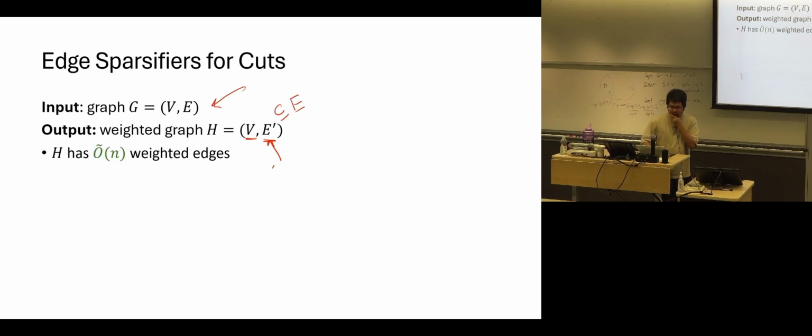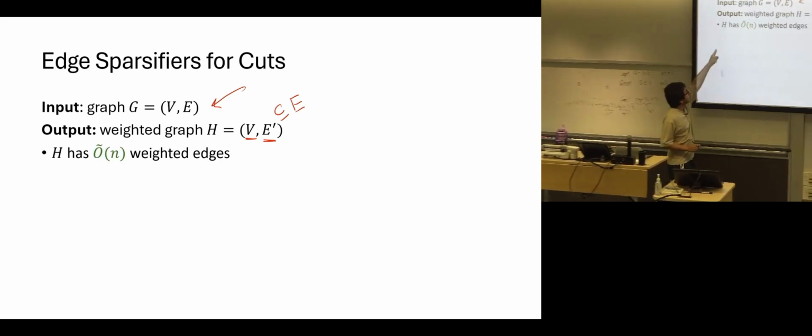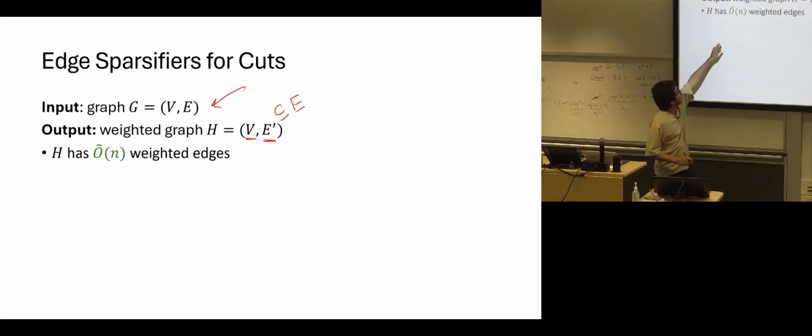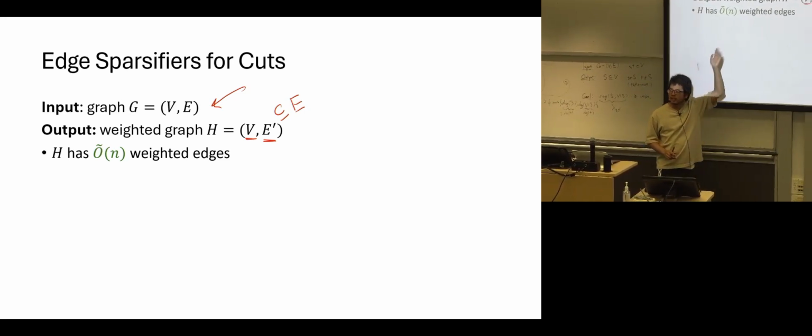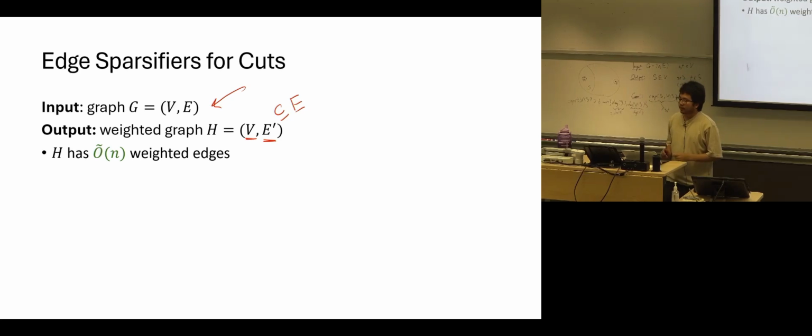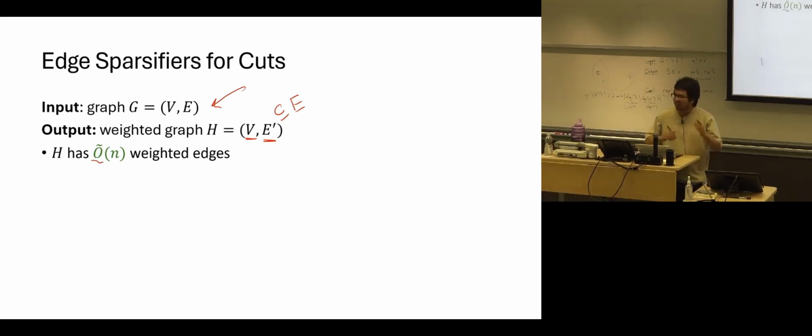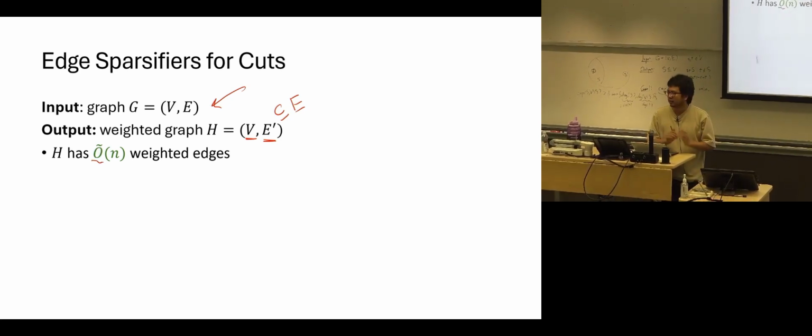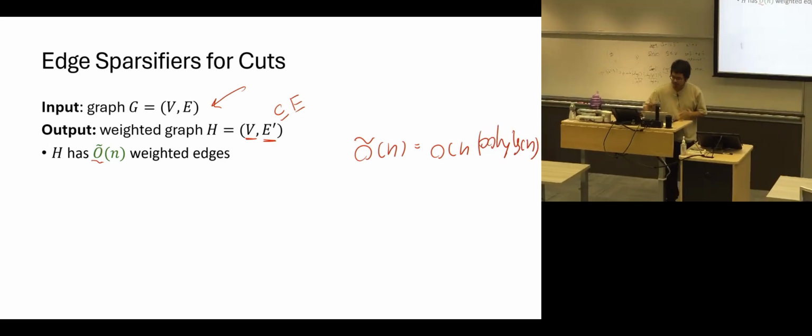And what I want is that this graph H has only O tilde n weighted edges. What is O tilde? It means I don't care about polylog factors, so n polylog n.